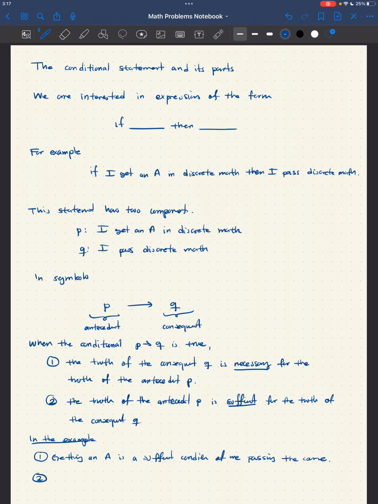Secondly, passing the class is a necessary condition of getting an A. With this, we finish the parts of a conditional statement.